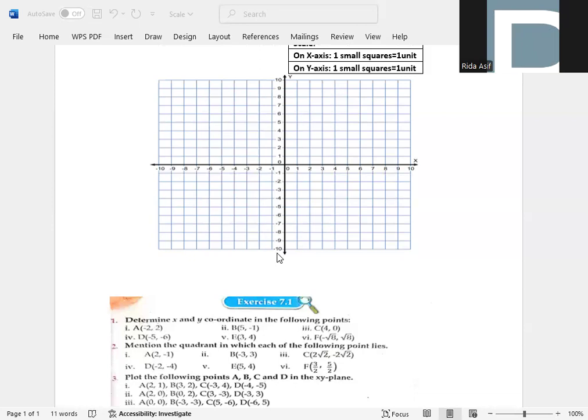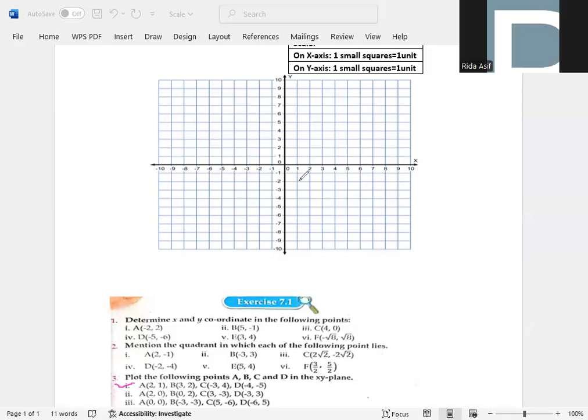Then we plot these points in this xy plane, or the Cartesian plane. Now let's draw question number 3, bit number 1 together.